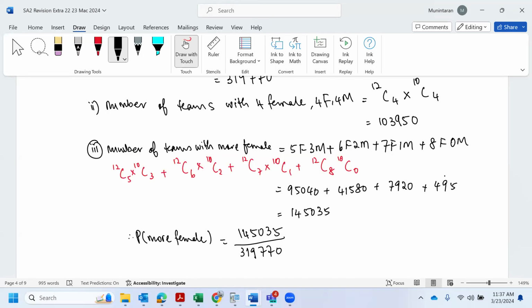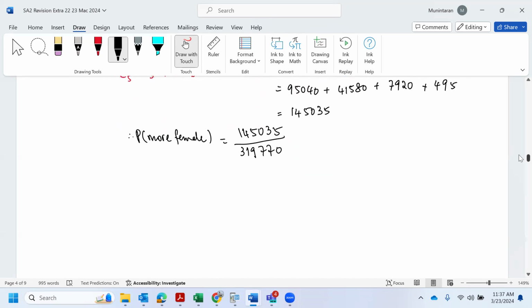And the answer must always be in simplest fraction. I think it should be 293/646.